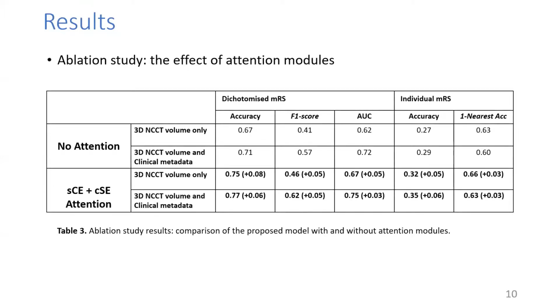With the ablation study, we demonstrate the importance of the attention modules, channel squeeze and excitation, and spatial squeeze and excitation. When they are excluded from our proposed method, there is considerable performance loss. For example, in dichotomized experiments, F1 score decreased by 0.05 in both imaging and imaging with metadata information.